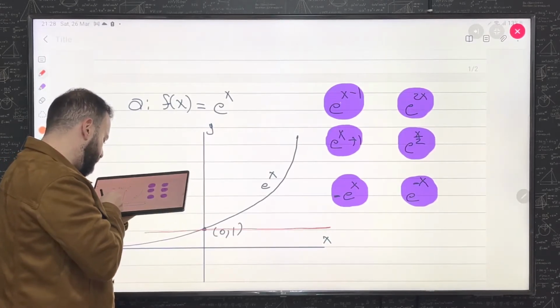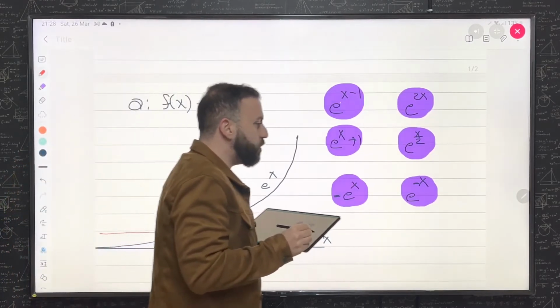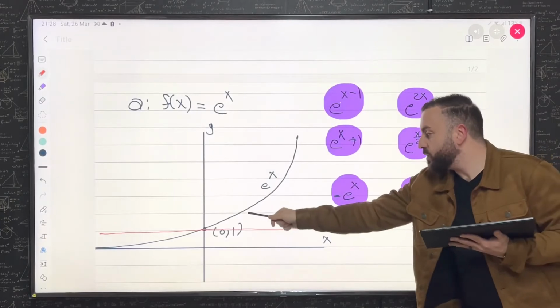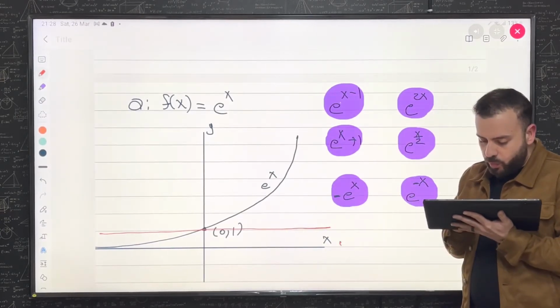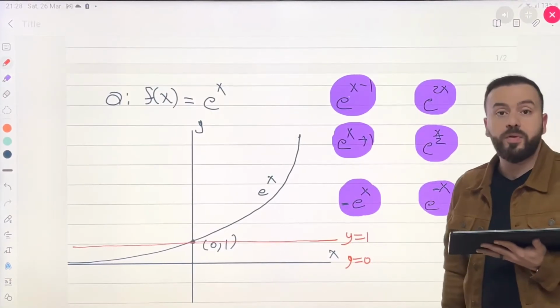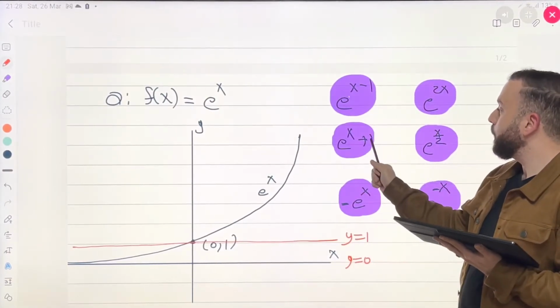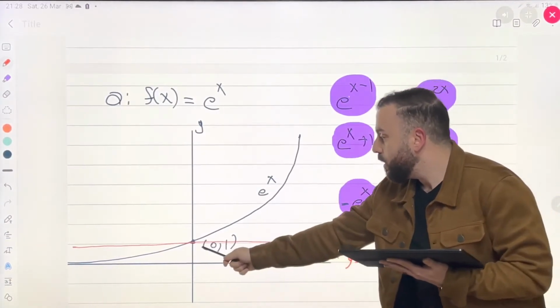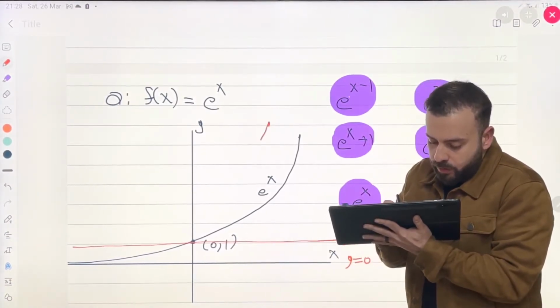Check this. The horizontal asymptote was y equals 0. The new one is y equals 1. That's the first change because I chose what? To shift it 1 unit up.